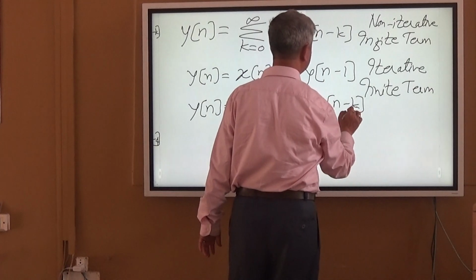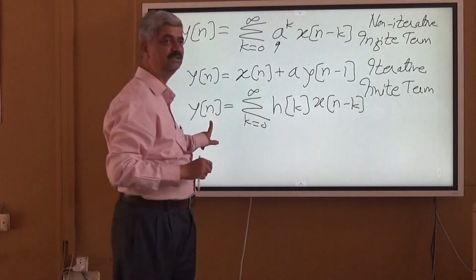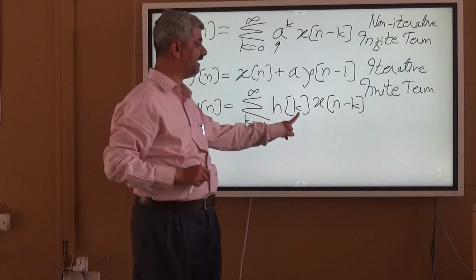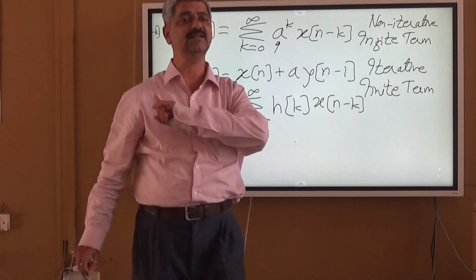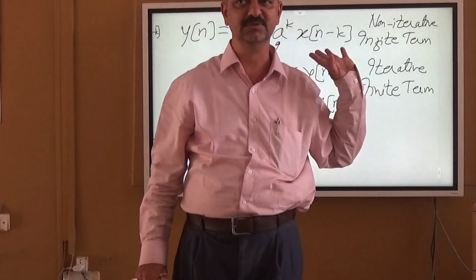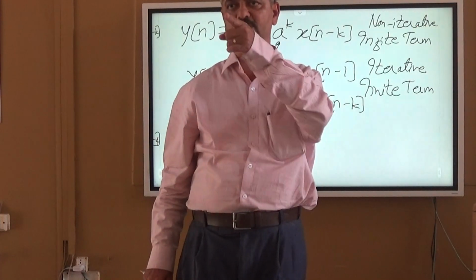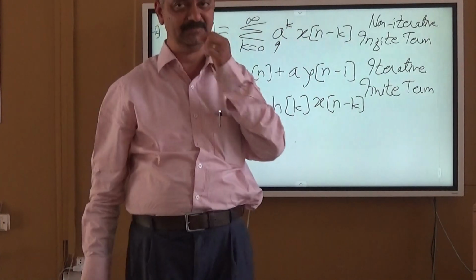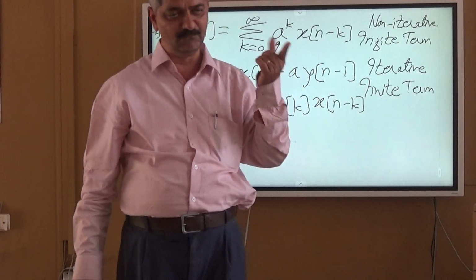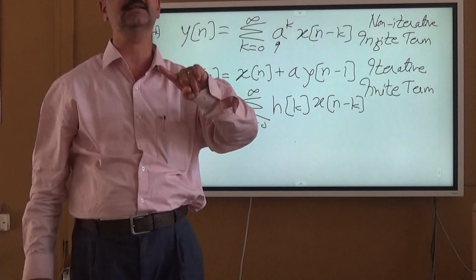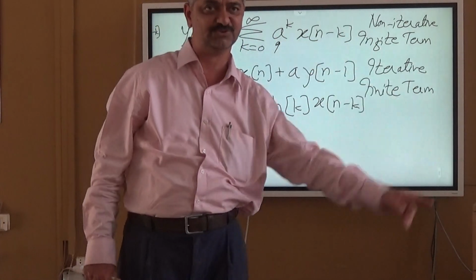So this tells us the output is a weighted sum of current and all previous inputs. Look here: output is a weighted sum of current and all previous inputs.